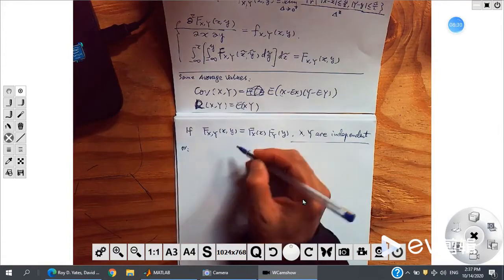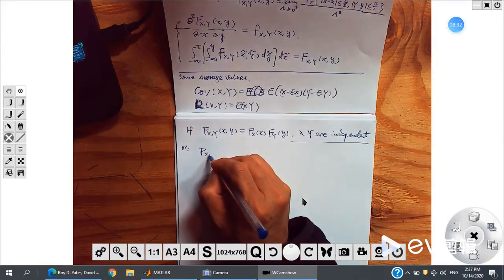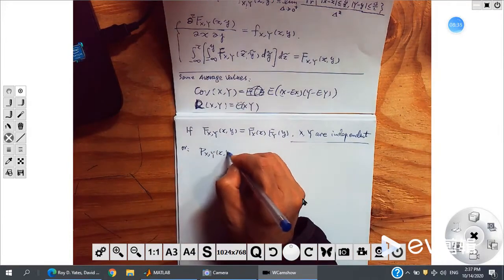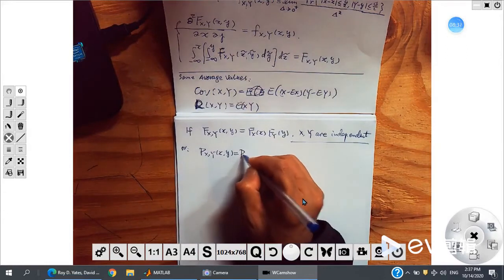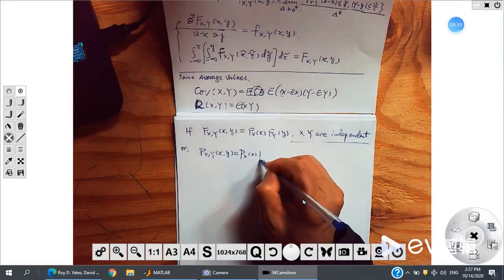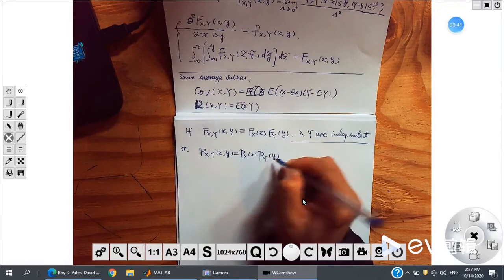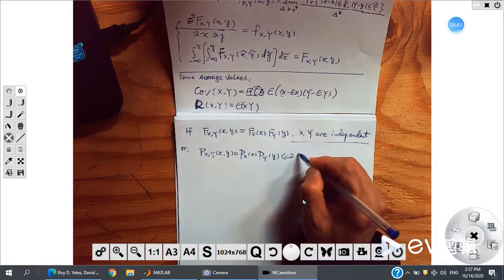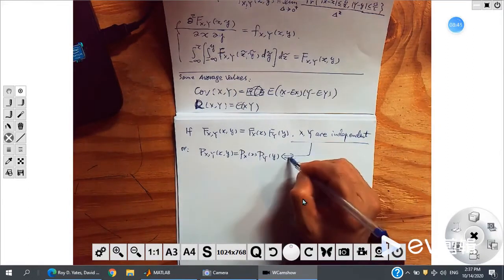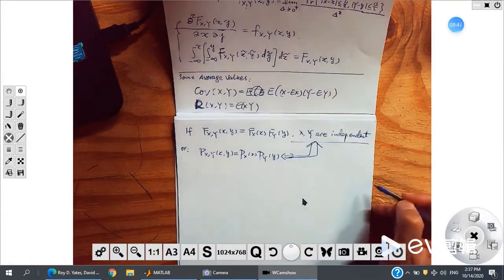Like this, p_XY, this is the discrete case, equal to p_X(x) times p_Y(y). Then this is also related with X and Y independent.